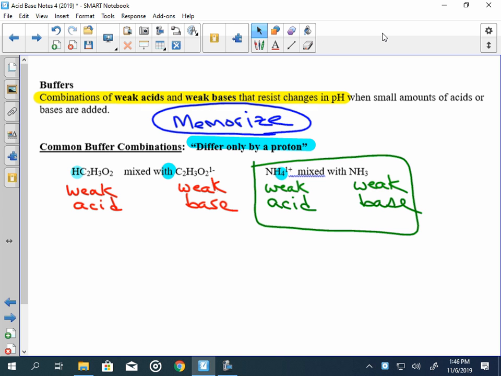Lemonade mix. Lemonade mix contains citric acid as well as sodium citrate. The same is true of our orange juices that we might buy. There's fresh squeezed orange juice, and then there's the other stuff that you can buy where, wow, this doesn't expire for like 3.5 weeks. That's awesome.